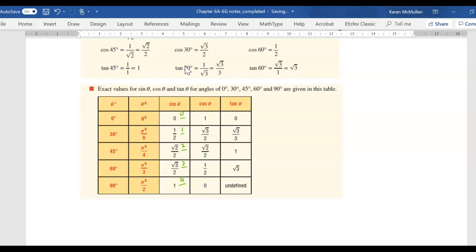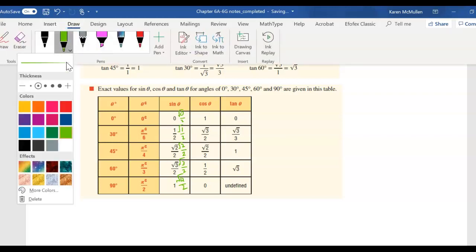For each of them we have a denominator, which is 2. And you can take the square root of all the numerators. I don't have much space on here, so I'm going to do it in a different color.